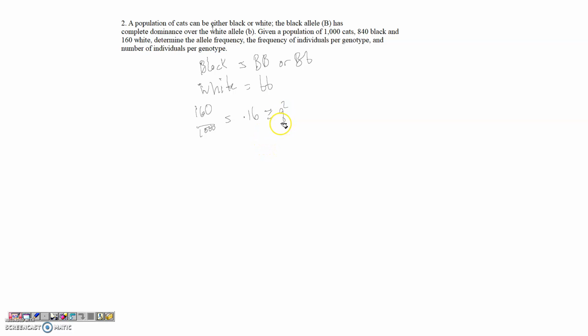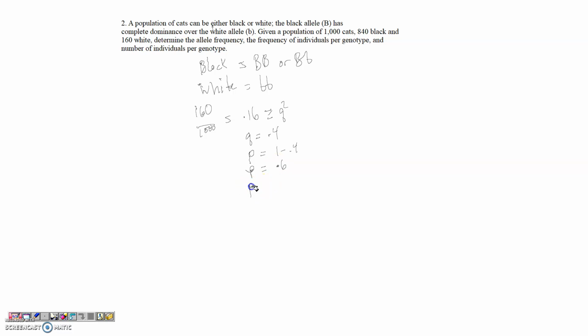The frequency of homozygous recessive in the population is 0.16, and the total for that genotype is 160. If I take the square root of both sides, that gives me q equals 0.4. Now to get p, it's 1 minus 0.4, so p, the frequency of the dominant allele in this population, is 0.6.